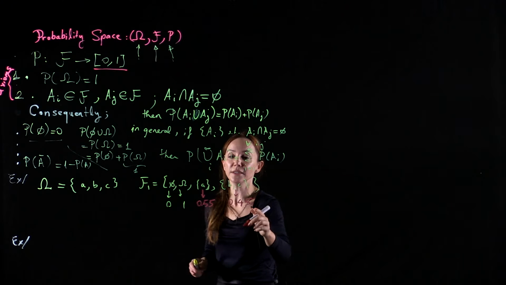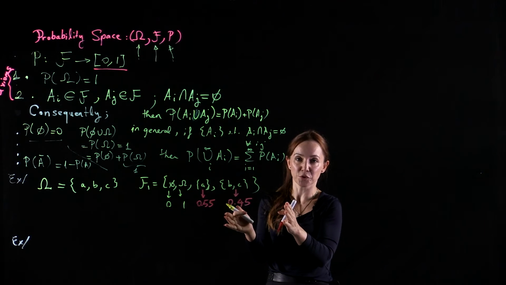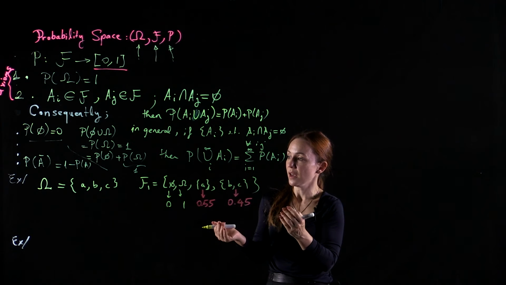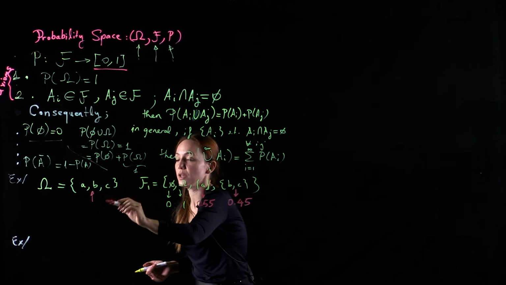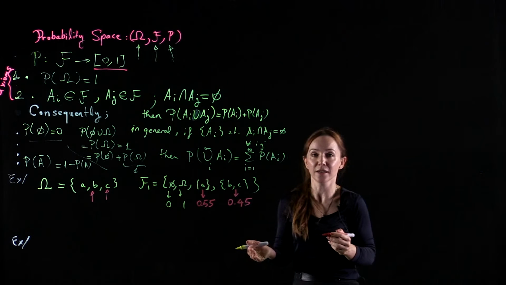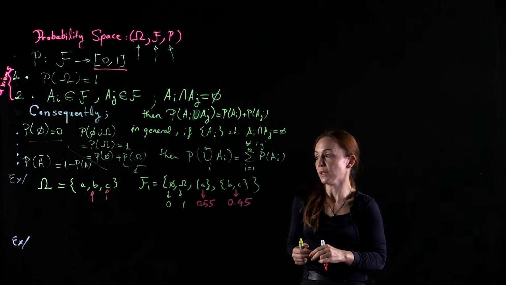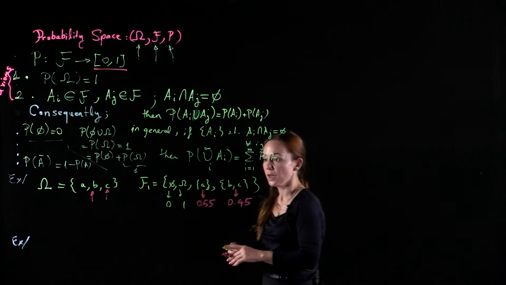But note that in this case, we do not need a detailed description of the probability law to specify for us the probabilities of individual outcomes, because apparently our field does not contain all individual outcomes, so that is not the level of detail that we're interested in.